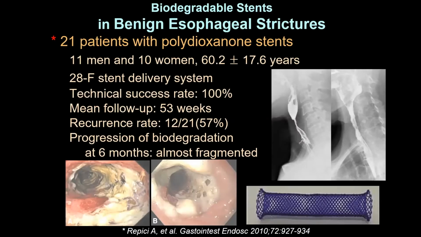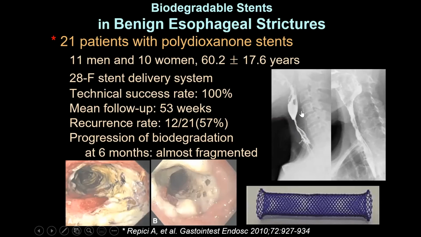What about biodegradable stent in patients with benign esophageal strictures? Lepisi and his co-workers reported their experience with biodegradable stent in 21 patients with benign esophageal strictures. Here you can see crossover stricture at the cervical esophagus.